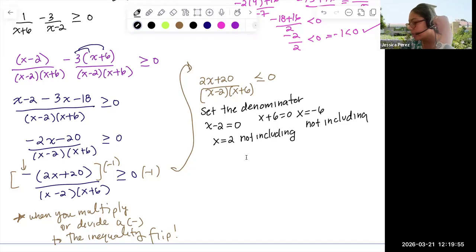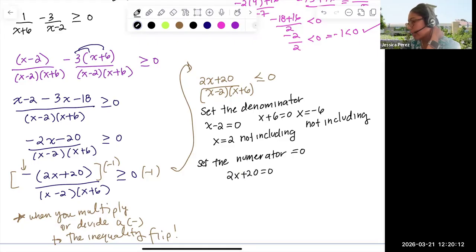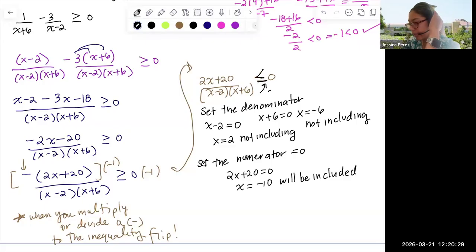And the last one I have to do is set the numerator equal to 0. If the numerator is equal to 0, it's 2x plus 20 equals 0. That gives me x is equal to negative 10. And negative 10 will be included. Why would that one be included? Well, you are including it because you have a less than or equal to, because you have equality, so your numerator will be included in the solution.